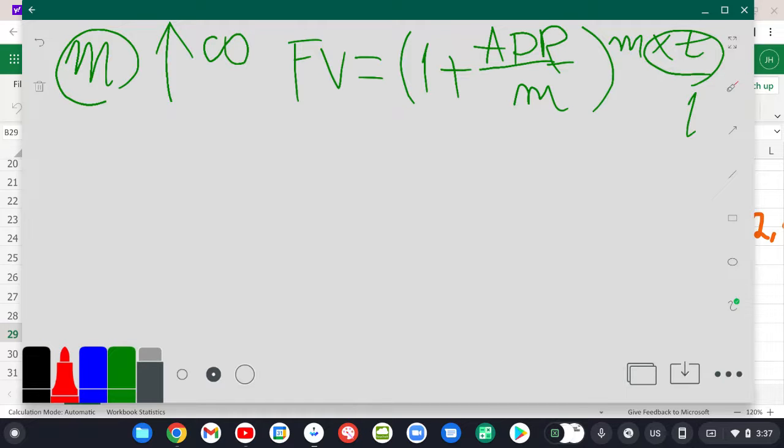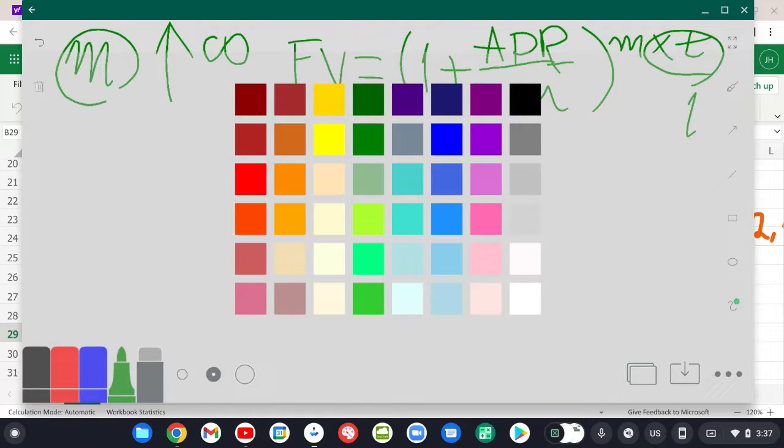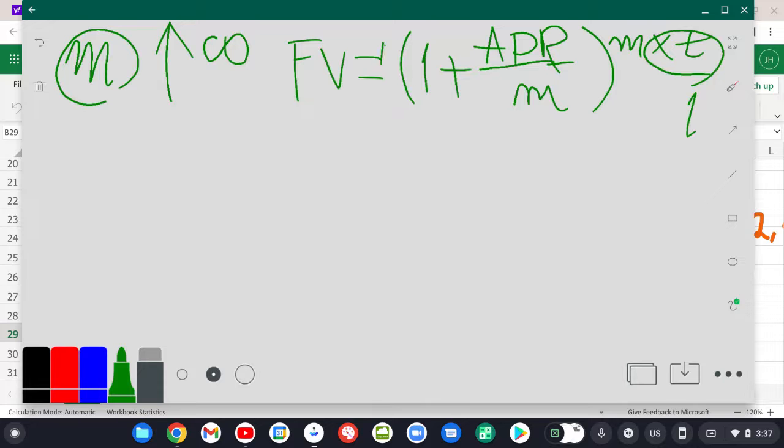Of course, there was P here. There is P here. I forgot to put P there. P times, right? But we want to focus mainly on this.